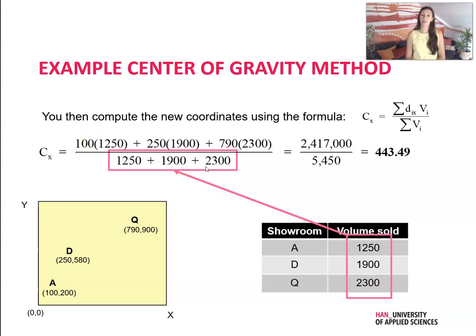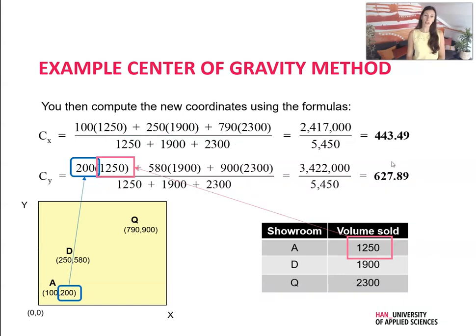Simple as that. And you can see that if you compute the numbers, the coordinate for the new warehouse would be 443x. Next step, of course, is to calculate the y coordinate. The calculations remain the same, except that instead of the x coordinate for each location, we're going to use the y coordinates. The volumes, of course, remain the same, as well as the one on the bottom.